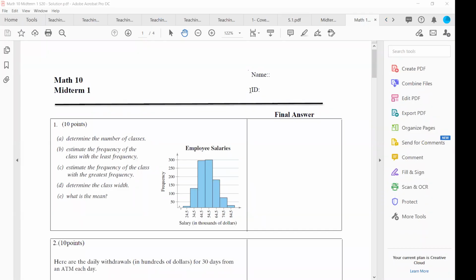First example, question 1. So here you have a histogram. Here you have 1, 2, 3, 4, 5, 6, 7 bars, 7 graphs.